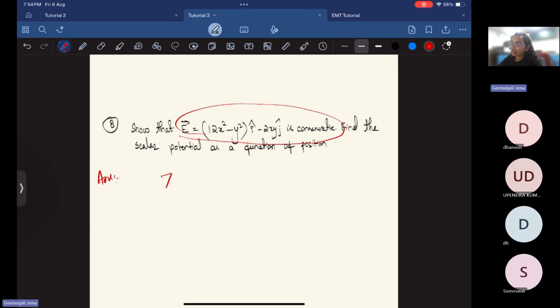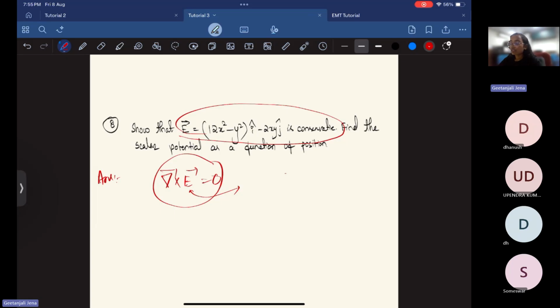You need to check whether the curl of E is zero or not. Because if you recall the Stokes theorem, the curl is related to the line integration. So if the curl is zero, the line integration will be zero. That means whatever path you choose, it will give a zero value. And also, when the curl is zero, you can write it as the gradient of some scalar. For that case also, we say that when we write E as the gradient of some scalar, that field is a conservative field.